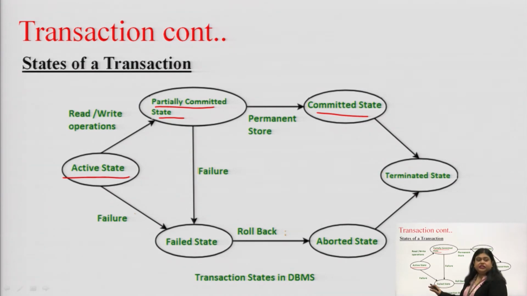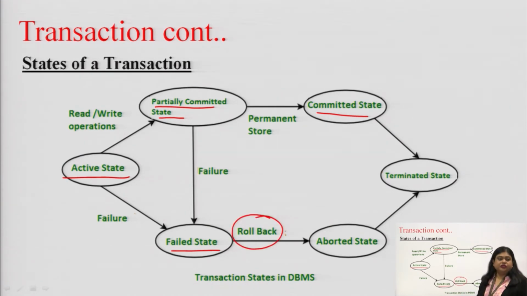Now, from the active state the transaction can also move to a failed state if some failure has taken place. In that case, a rollback takes place, that I was talking about, so that the database can go back to its original condition.